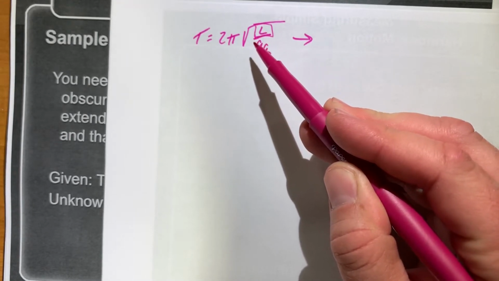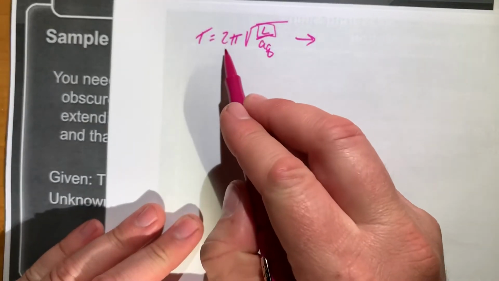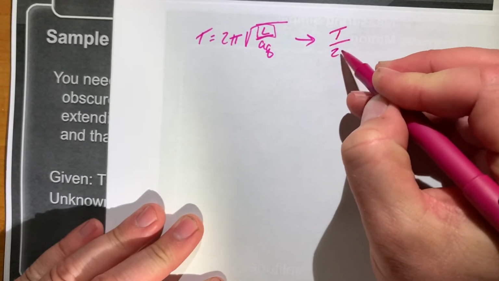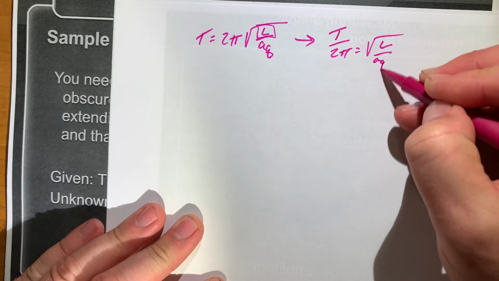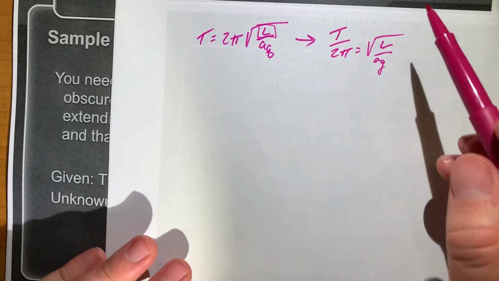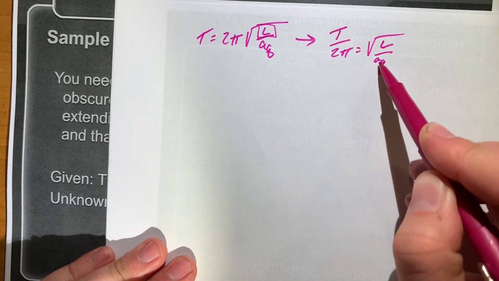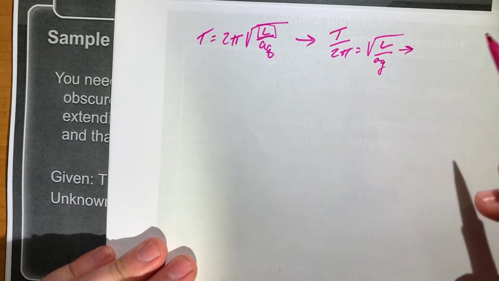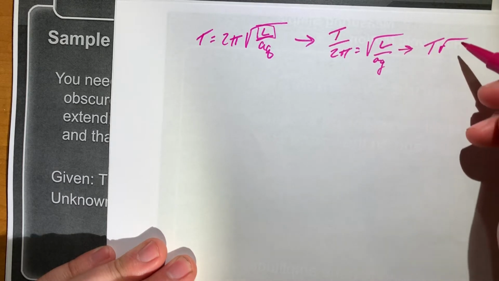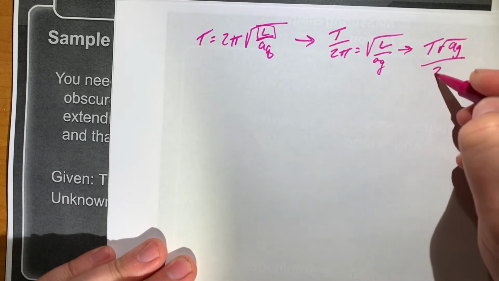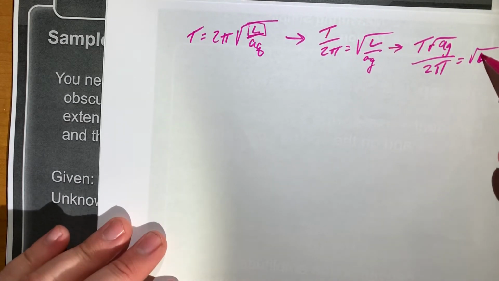So the first thing we're going to do is divide both sides by 2 pi. So you get T divided by 2 pi is equal to the square root of length divided by the acceleration due to gravity. Now, in order to get L by itself, we've got to multiply both sides by the square root of the acceleration due to gravity. So we get T times the square root of g, divided by 2 pi, is equal to the square root of L. But L still isn't by itself.